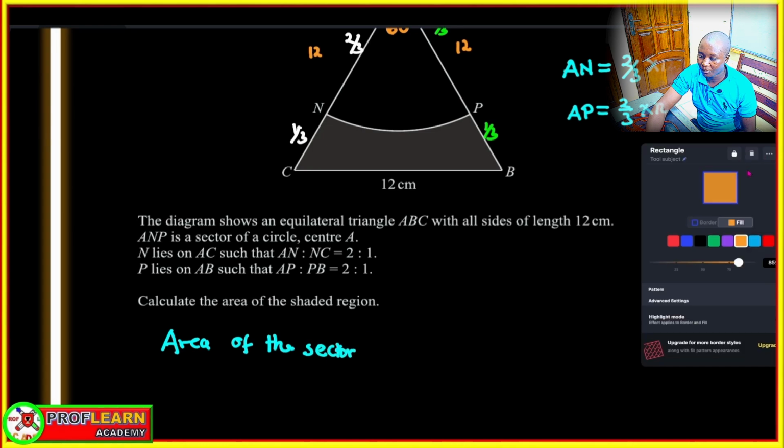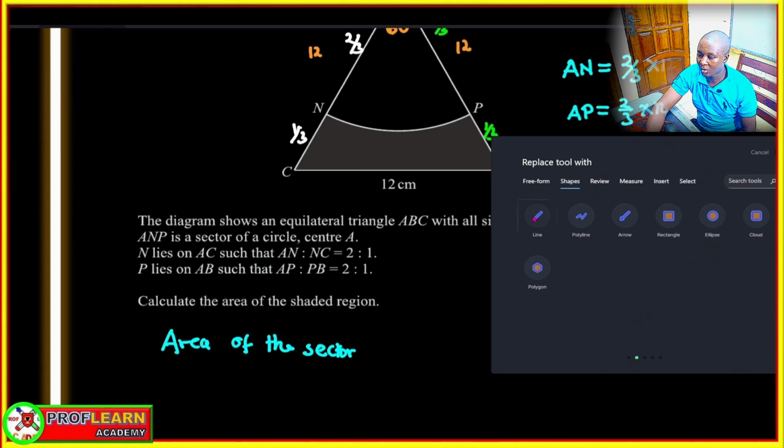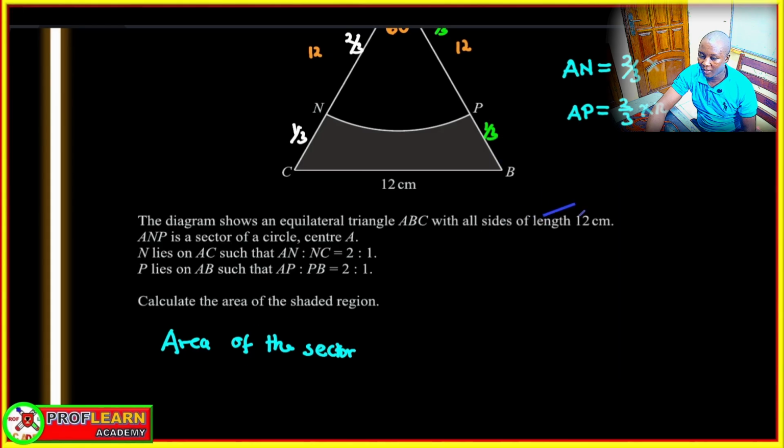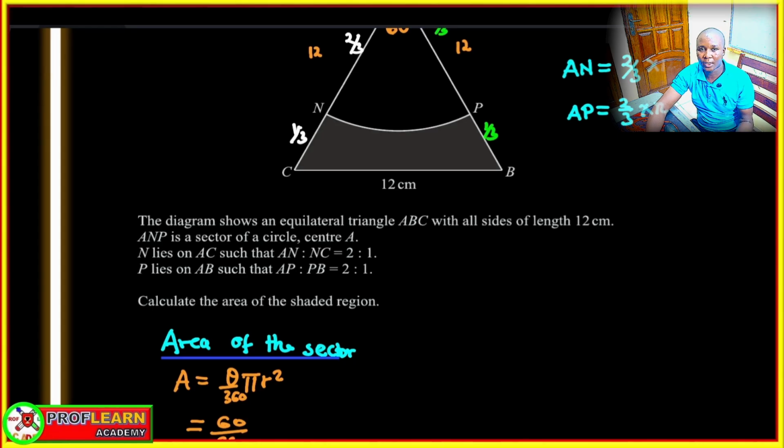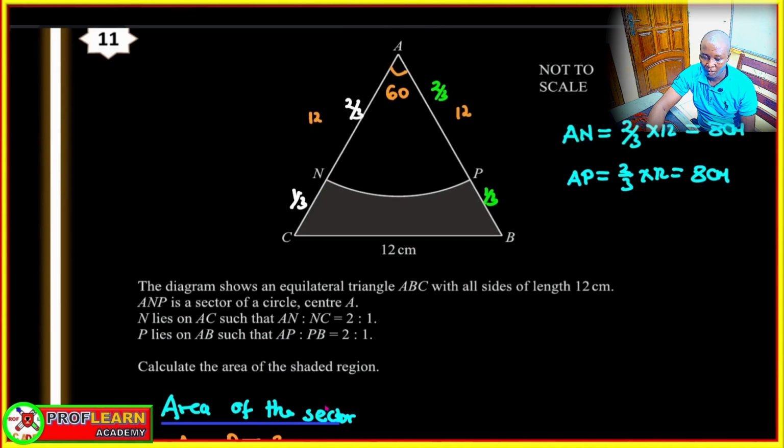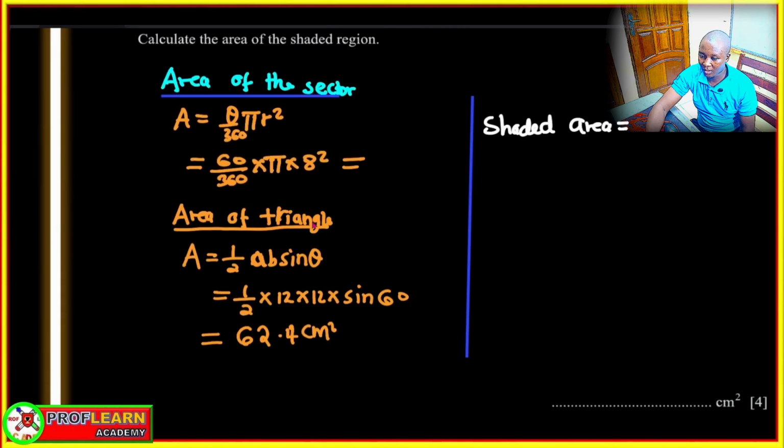Area of a sector is given as θ/360 pi r squared, and the angle was 60 because it's an equilateral triangle, so each angle is 60 degrees. So we say 60/360 times pi times 8 squared, and if we work it out, we're going to get it there.